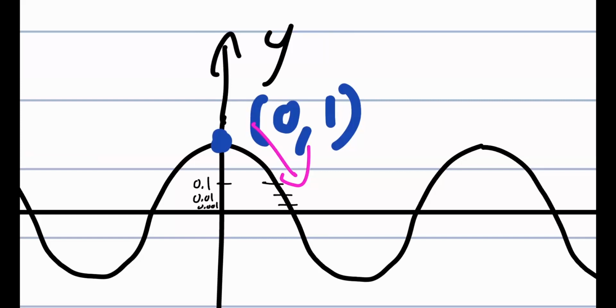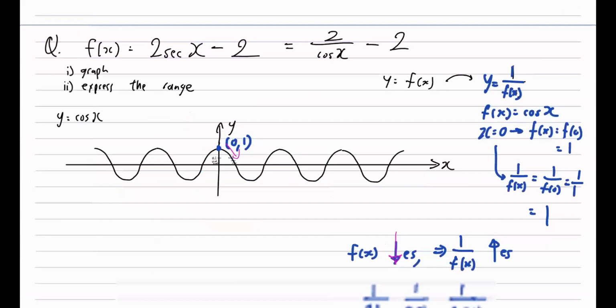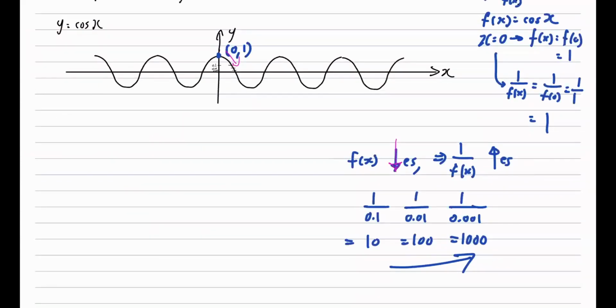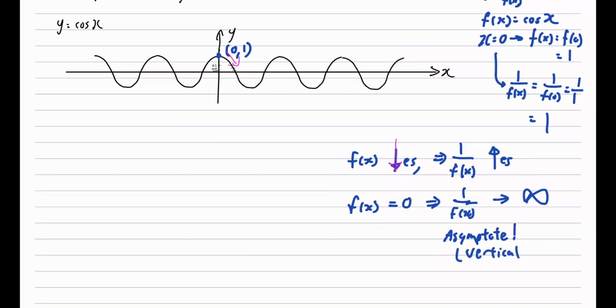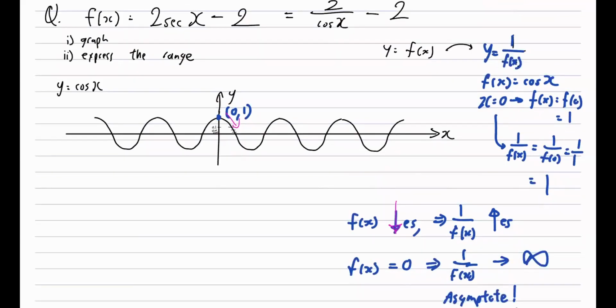So what this means is, the next observation we make is, if f of x equals 0, what happens to my 1 over f of x? It will go towards infinity. It will have an asymptote, vertical. So what this means is the graph will now look like this.